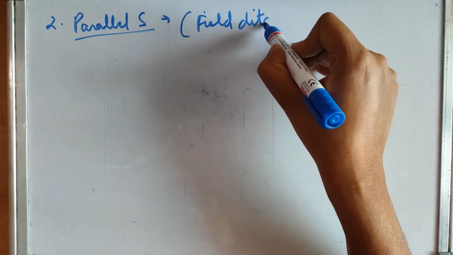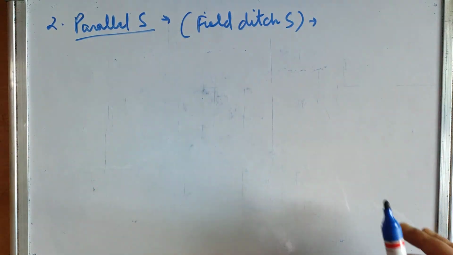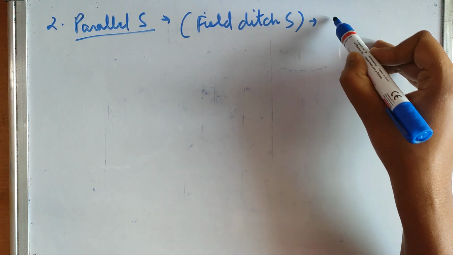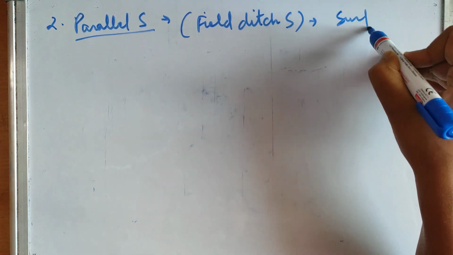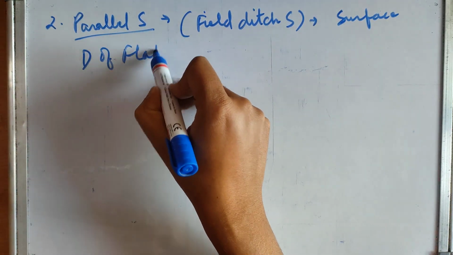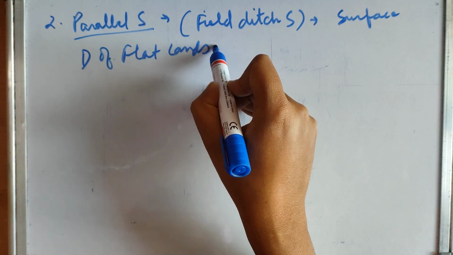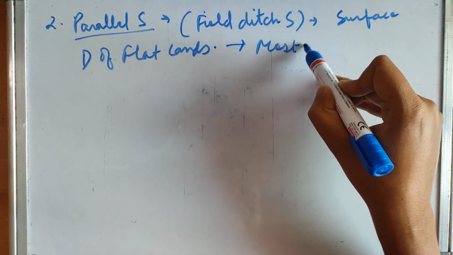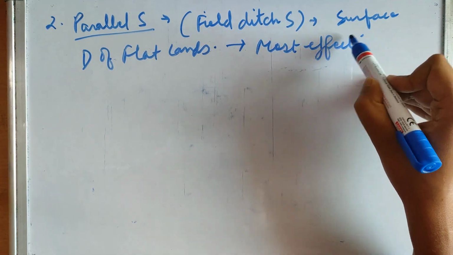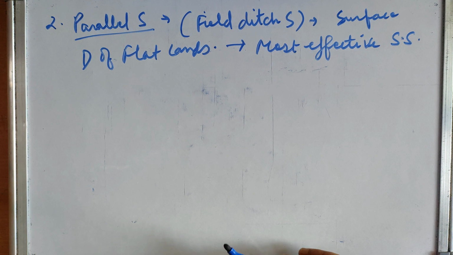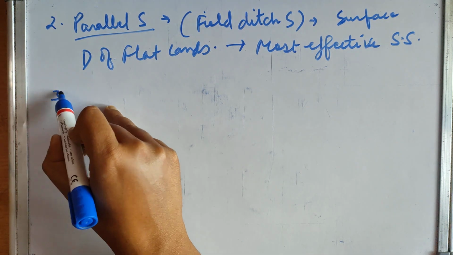It is used for surface drainage of flat lands, and it is the most effective surface system.